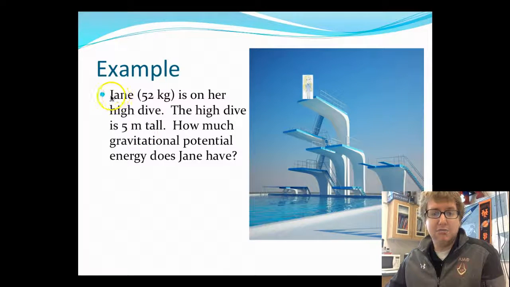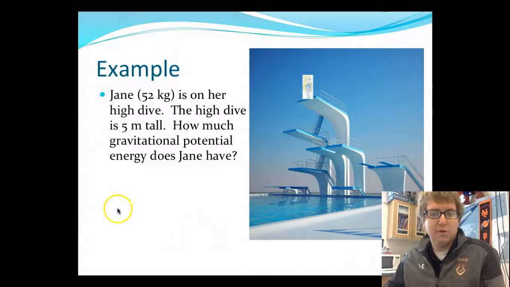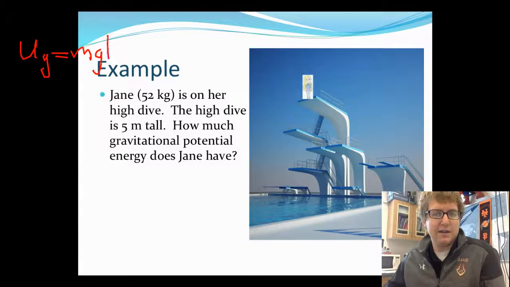So Jane, there she is, standing on her high dive, is 52 kilograms. The high dive is 5 meters tall. How much gravitational potential energy does Jane have? Well, if you remember, our equation is gravitational energy equals the mass of the object times the acceleration of gravity on that planet times the height.